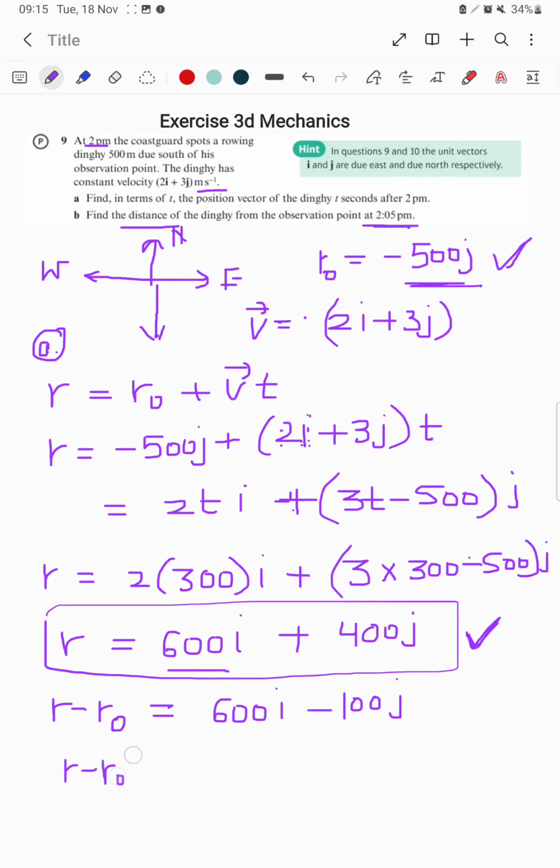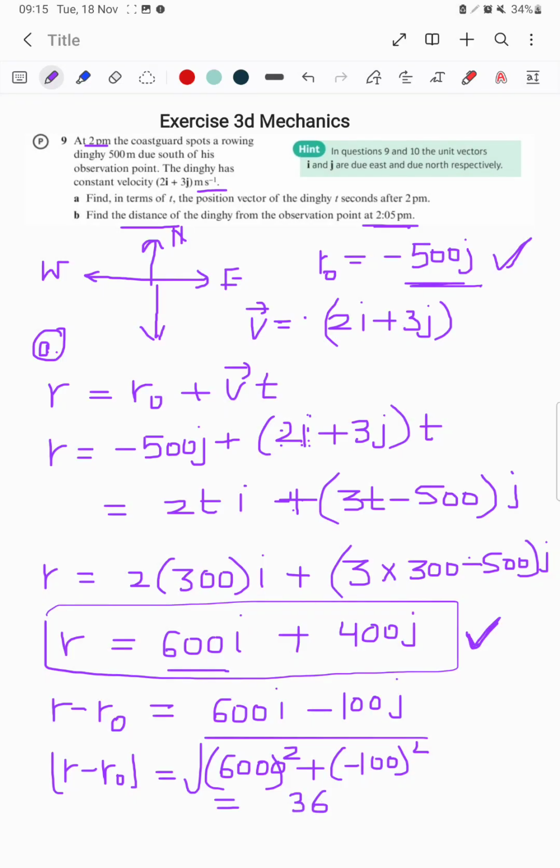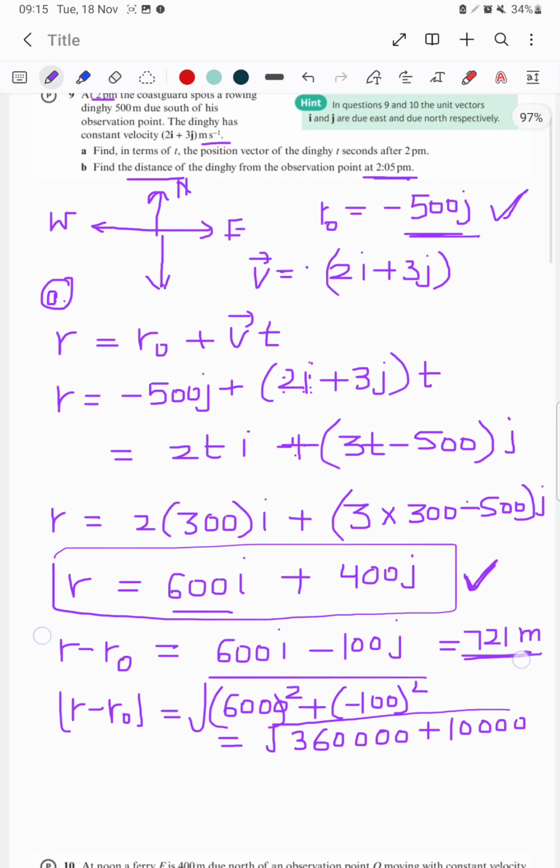To find the distance covered, it is the square root of 600 squared plus negative 100 squared. 600 squared is 360,000, plus 10,000, and when you simplify it, you get approximately 721 meters. Okay, so this was question number 9.